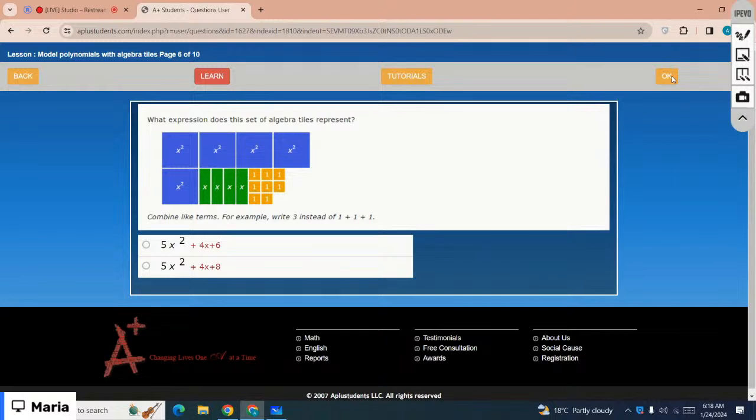The correct option is 5x square plus 4x plus 8. The correct option is option number 2.